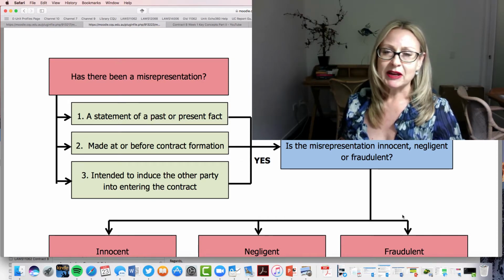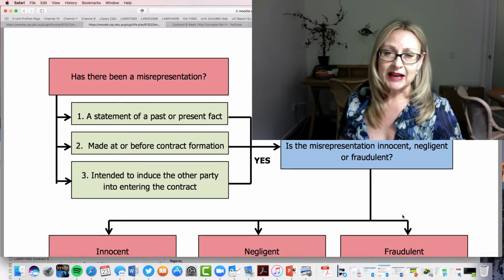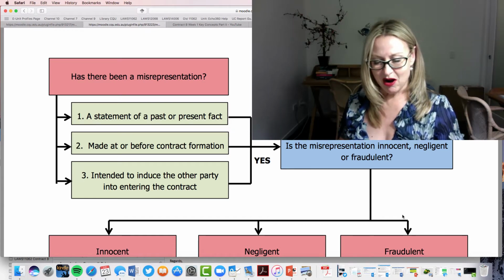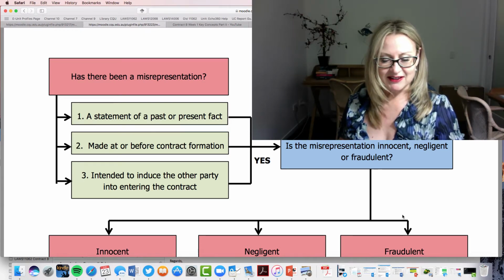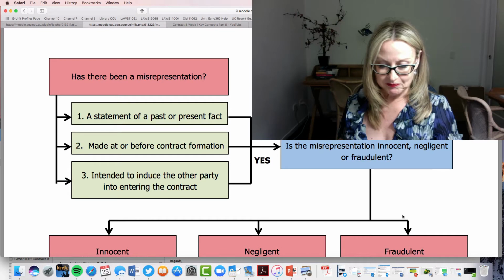Likewise, if you are making a statement about what you intend to do in the future, it has been held rather delightfully that the state of a man's mind is as much a fact as the state of his digestion. That was a lovely sentiment by Lord Justice Bowen.